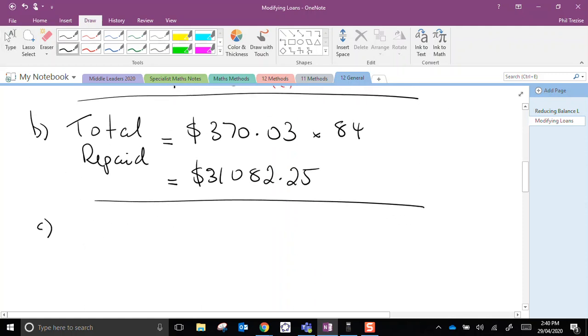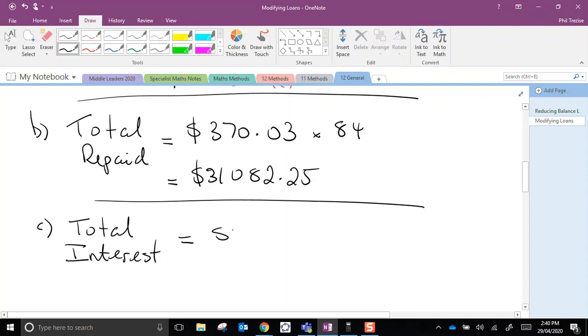Part C. How much interest does Oliver repay over the life of the loan? Well, the total interest, again, there isn't a formula for this one. This is a bit of mathematical common sense.